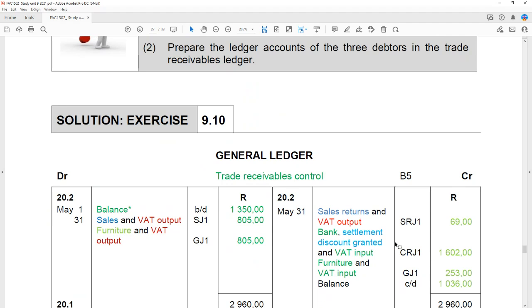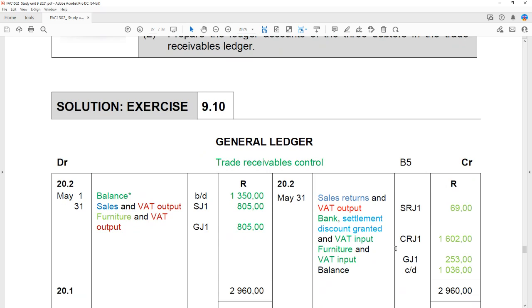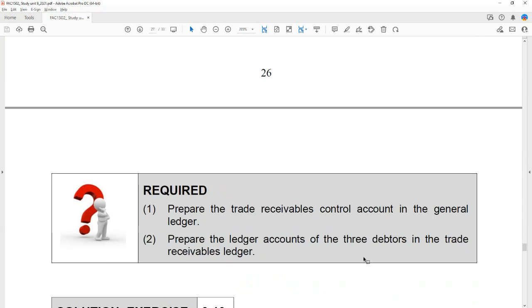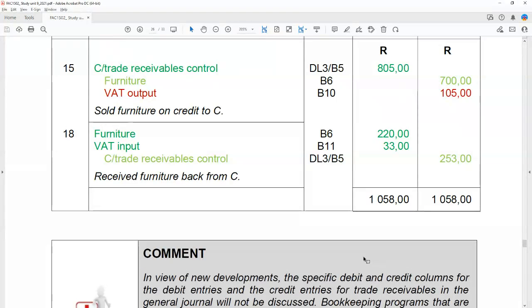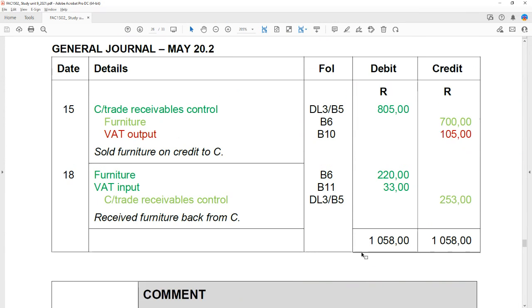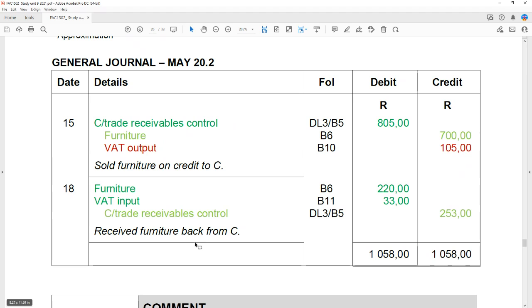Then again, we had the returns, where the debtor that we sold the furniture to then returned it. That came from our general journal. Here we said that debtor C then returned furniture, and that was the furniture for 220 plus the 33 Rand VAT.